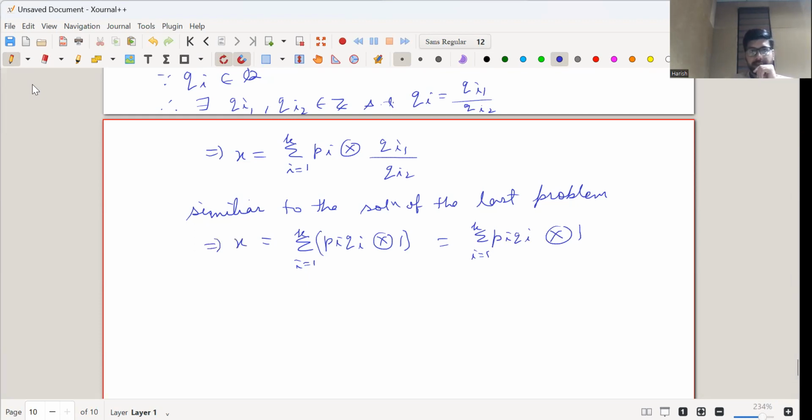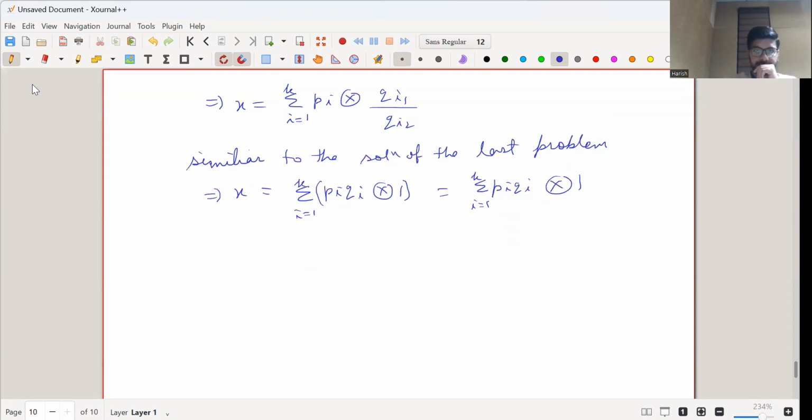This implies x is equal to this, and now you use the fact that x belongs to the kernel of f delta.